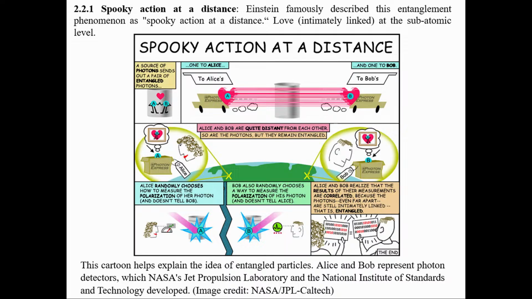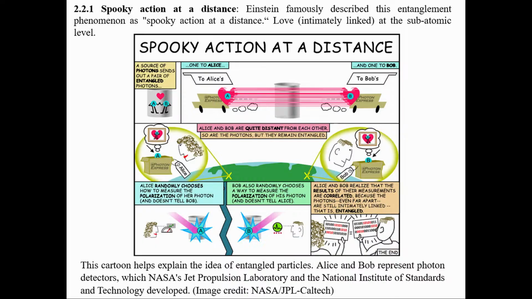Okay, this is to describe some of the physics phenomena related to entanglement. We take the help of this thing. Alice is the sender, and Bob is the receiver.